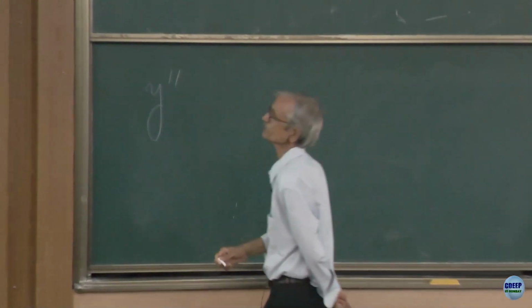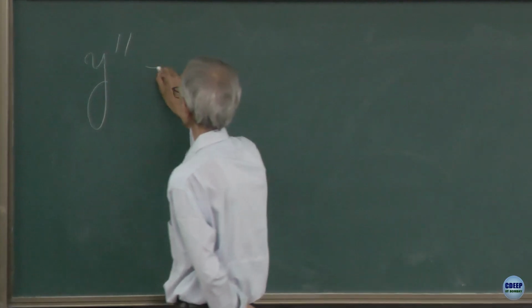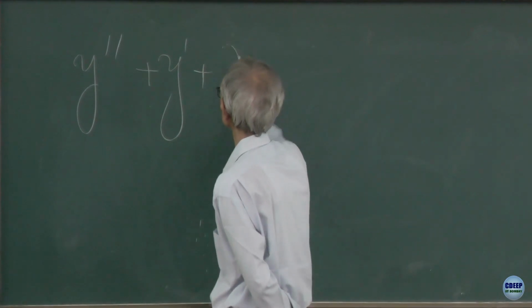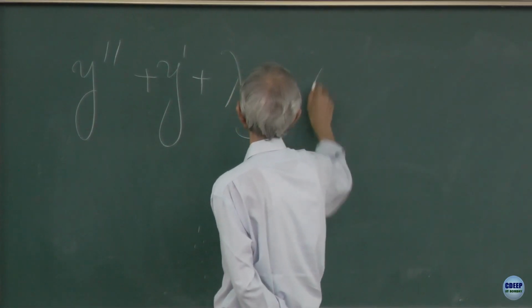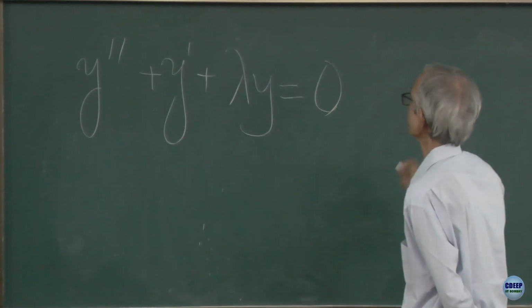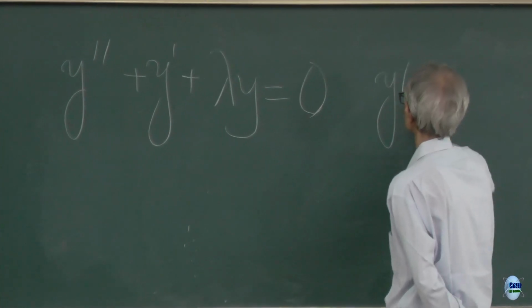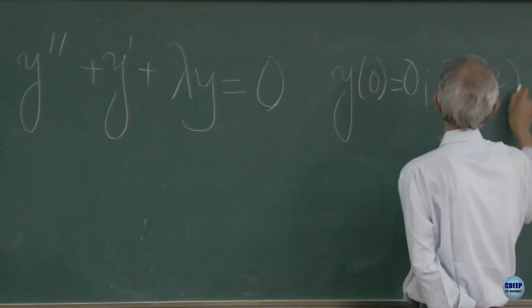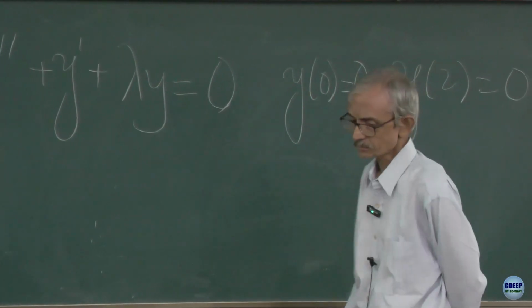Y double prime plus Y prime plus lambda Y equal to 0, with Y(0) equal to 0 and Y(2) equal to 0.